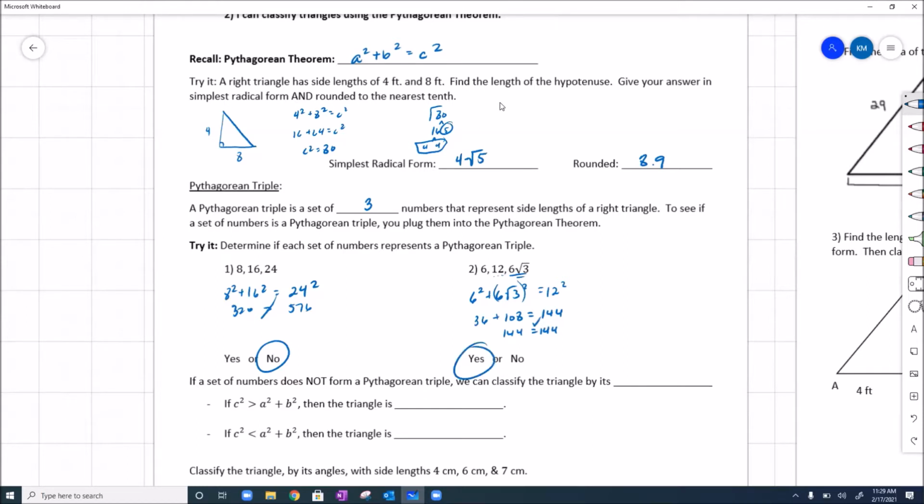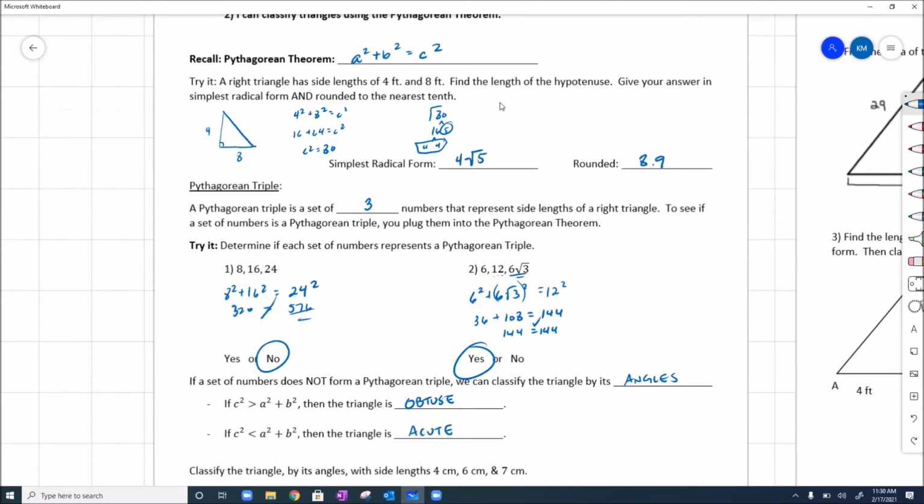If a set of numbers does not form a Pythagorean triple, we can classify the triangle by its angles. This is how you can think about it. If c squared is larger than a squared plus b squared, then the triangle is an obtuse triangle. And if c squared is smaller than a squared plus b squared, then it will be an acute triangle.